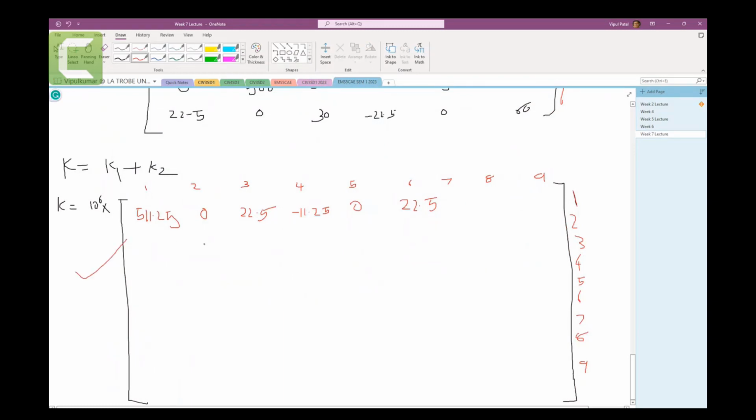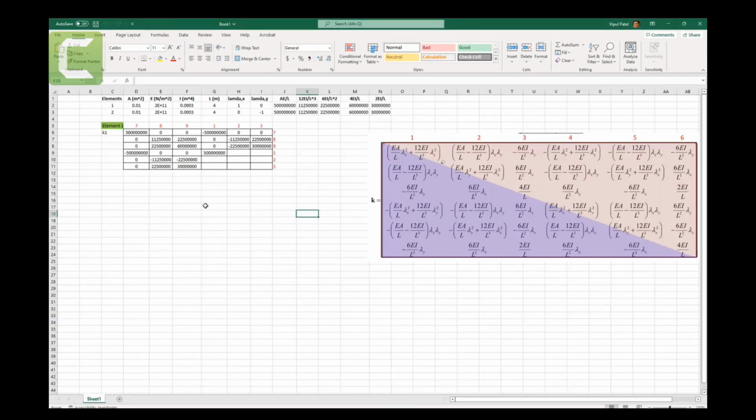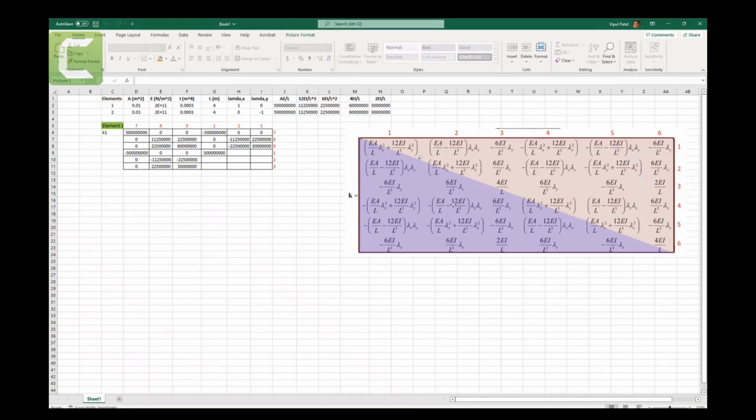Since last week, we are trying to get this K value in our Excel. That's what we left last week, and I'd like to continue in the first 15 to 20 minutes. So I think we finish here.